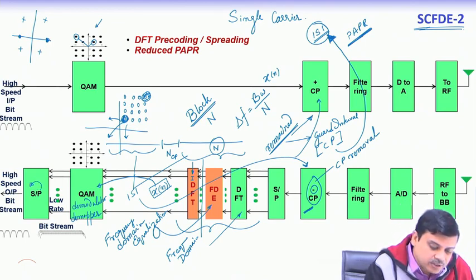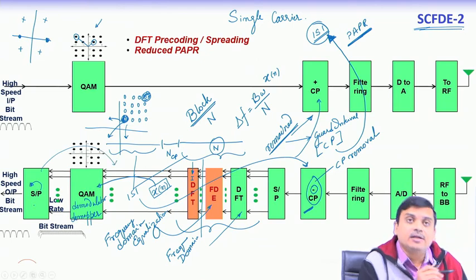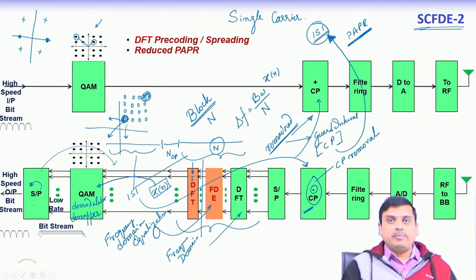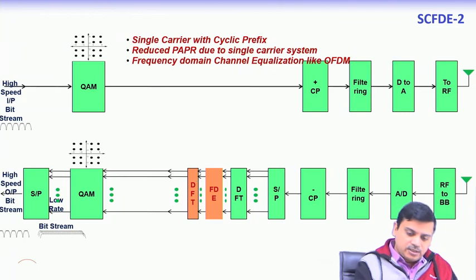This is parallel to serial conversion, or one can think of bringing this module earlier and then doing with one single QAM demapper. So, this is an extreme case of single carrier FDMA, and one can reduce the PAPR like anything. So, after this we proceed further.